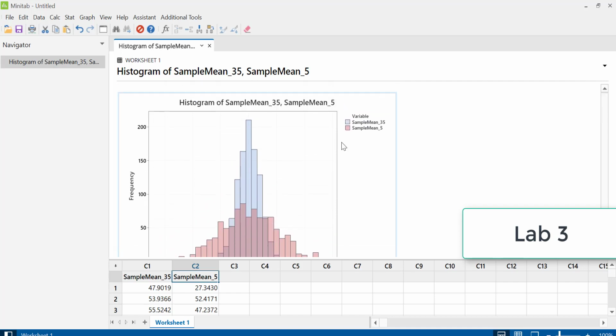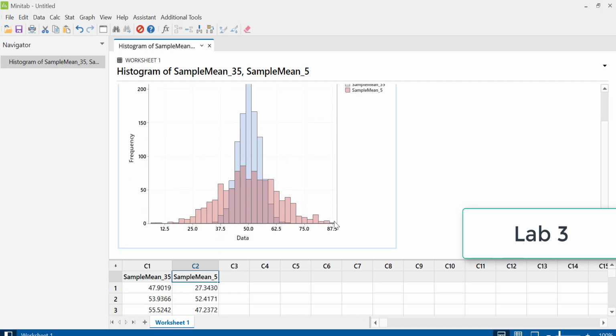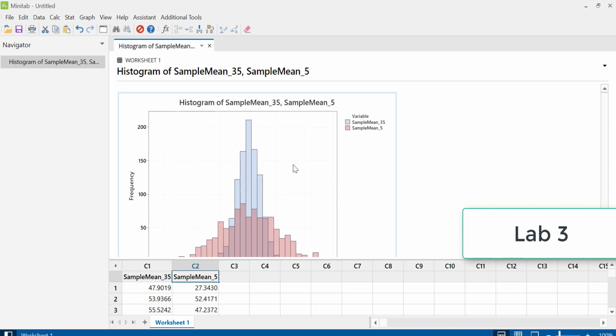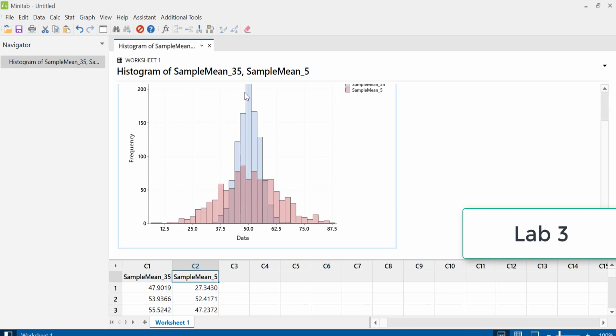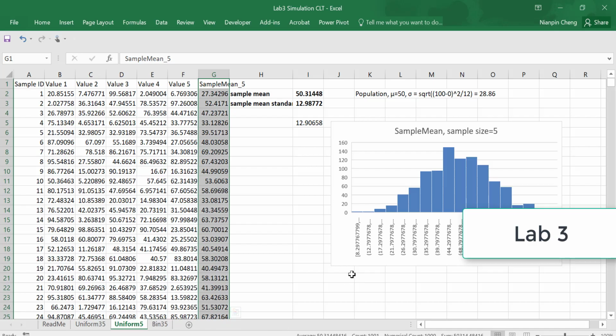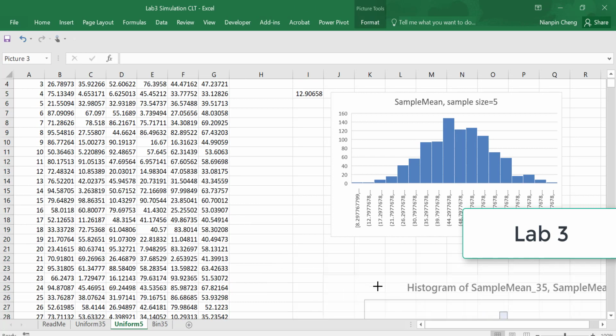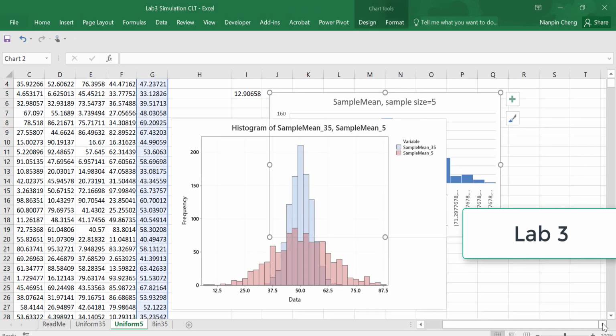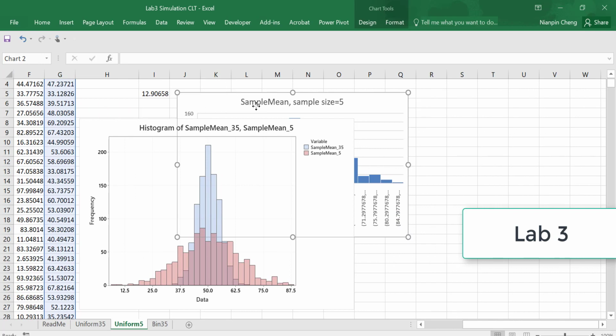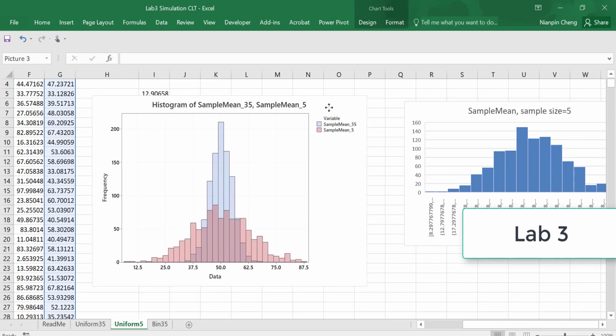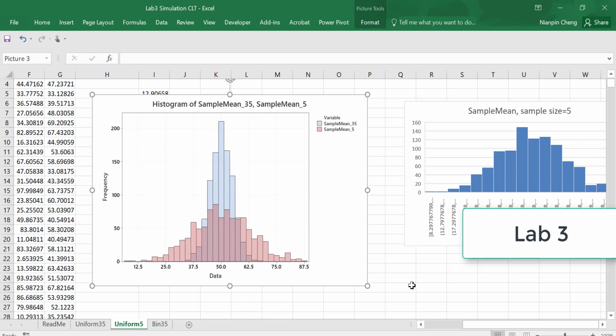If the sample size is equal to 5, the variance is much larger. When the sample size is larger, 35, the variance of this sample mean distribution becomes smaller. This is a comparison.